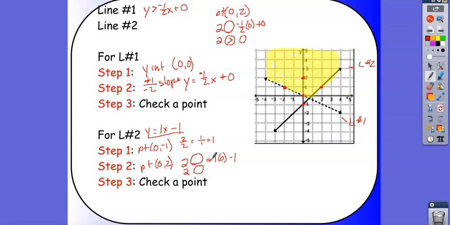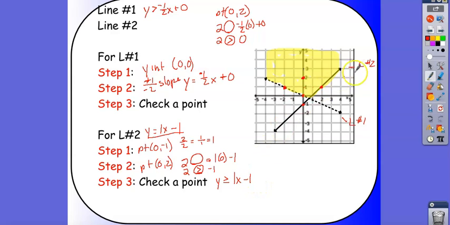Okay, but I got a 0 times x. 1 times 0 is 0. I got a minus 1. Isn't 2 greater than? And it's a solid line, so it's got to be greater than or equal to. So I've got y is greater than or equal to 1x minus 1.